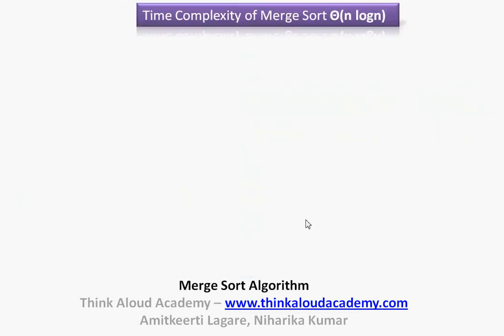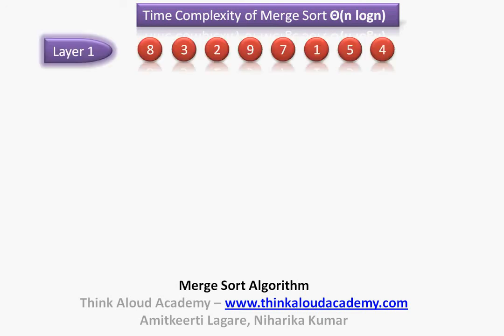Now next, let's try to analyze the time complexity of merge sort. As I said initially, the time complexity of merge sort happens to be theta of n log n. It's interesting to look at why we call it theta of n log n. If we look at the way we sorted in merge sort, at the first layer we have all the elements.